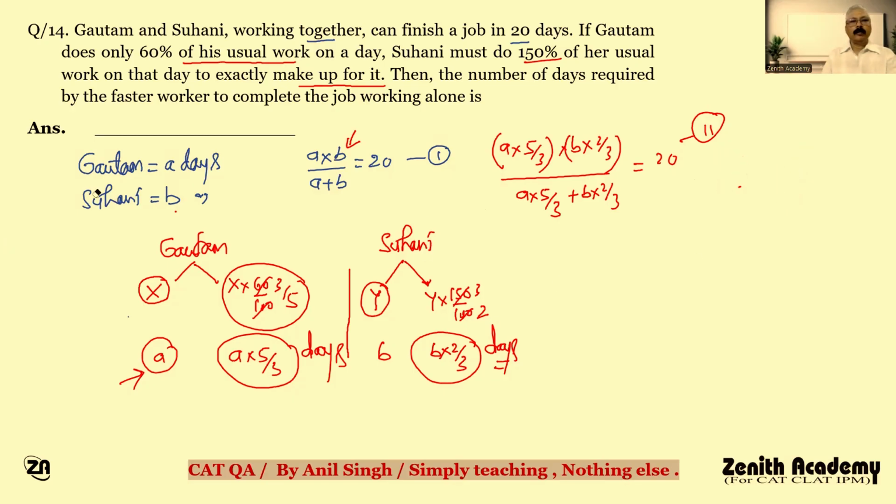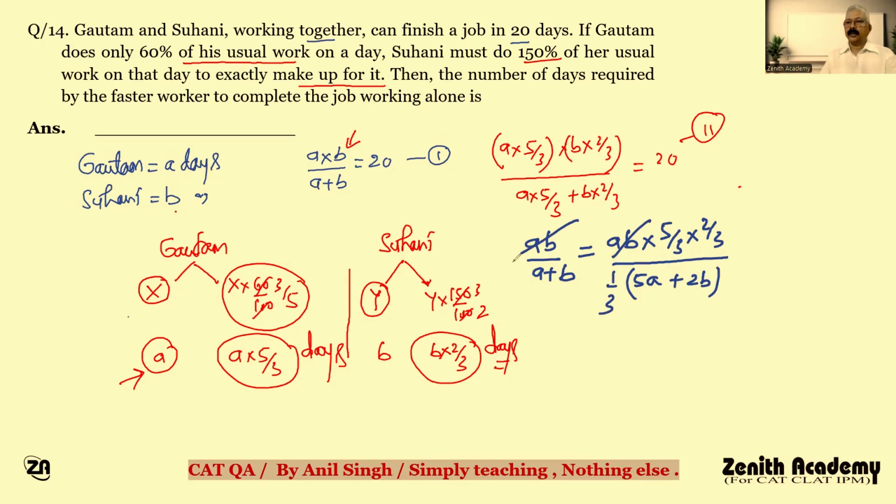So now solve it. Means you can take this AB upon A plus B equal to AB into 5 by 3 into 2 by 3 over this, which is (5A plus 2B) by 3.